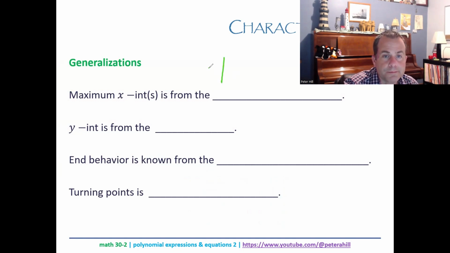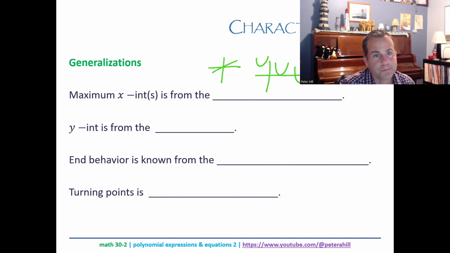So degree 1, I always had 1. A degree 2, I could have none. I could have 1. I could have 2. But I could never have more than 2. A degree 3, I could have 1.